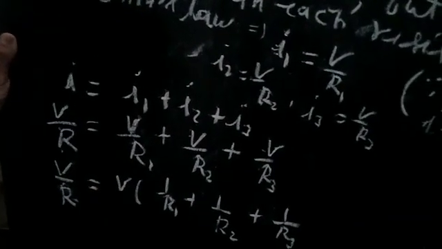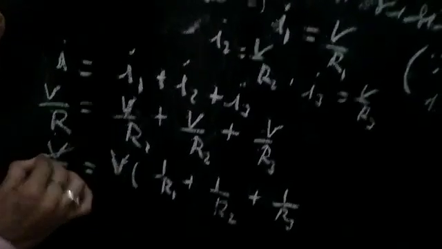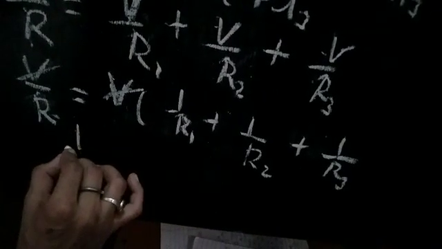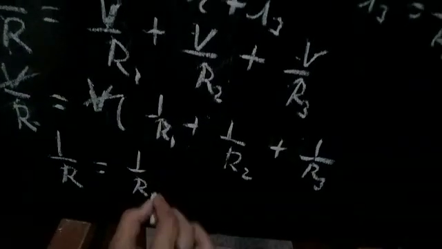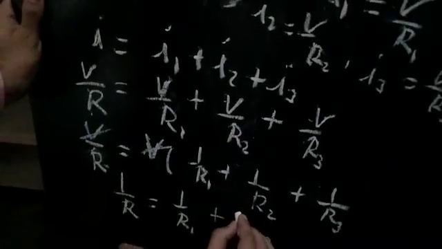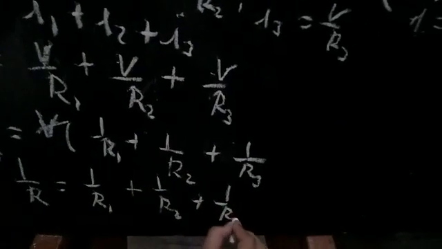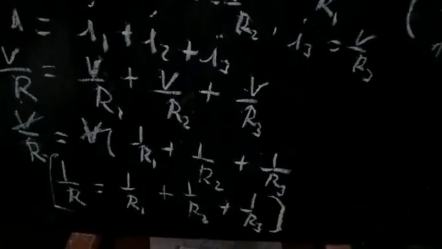Then V and V cancel out, so you will get 1 upon R is equal to 1 upon R1 plus 1 upon R2 plus 1 upon R3.